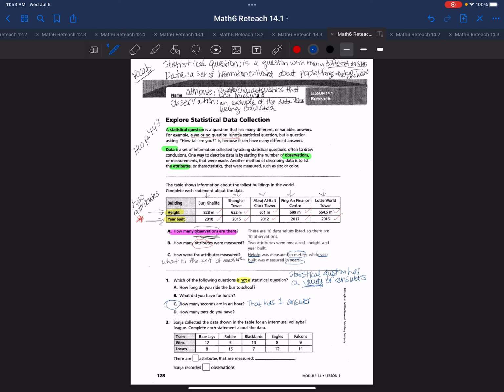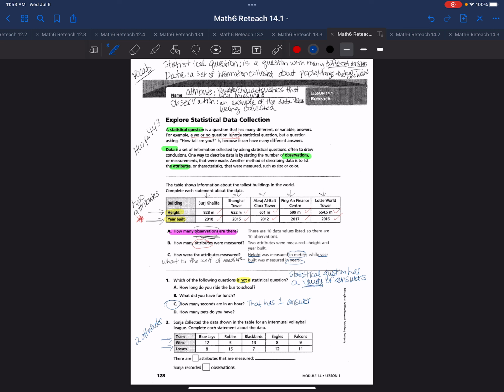Let's look at question 2. Sonia collected the data shown in the table for an intramural volleyball league. Complete each statement about the data. So remember, when we're looking at our table, we notice that we have two attributes listed here, which are wins and losses.